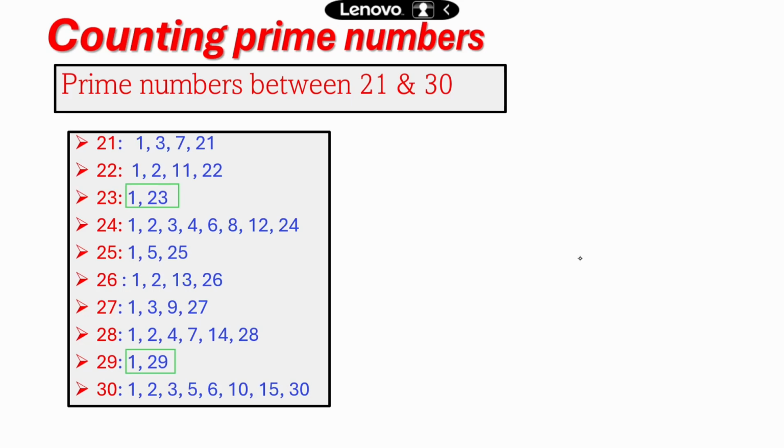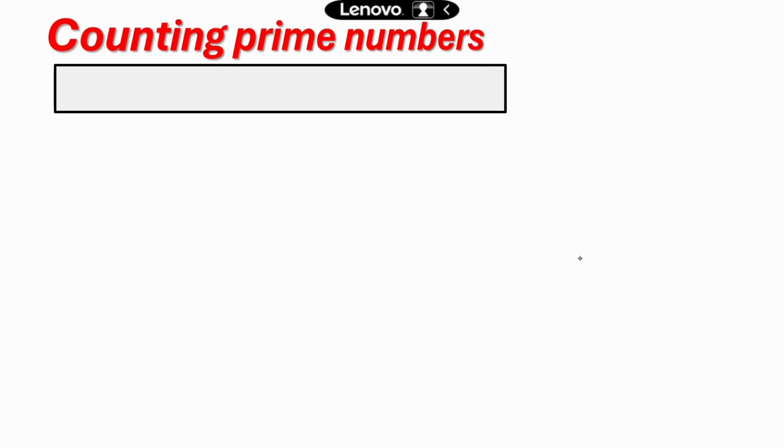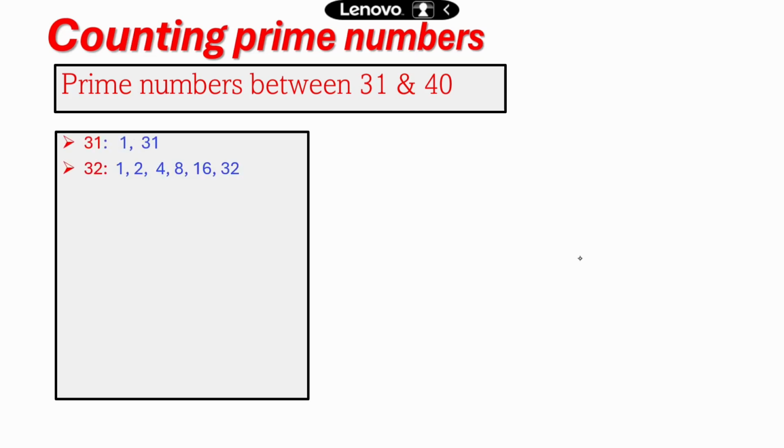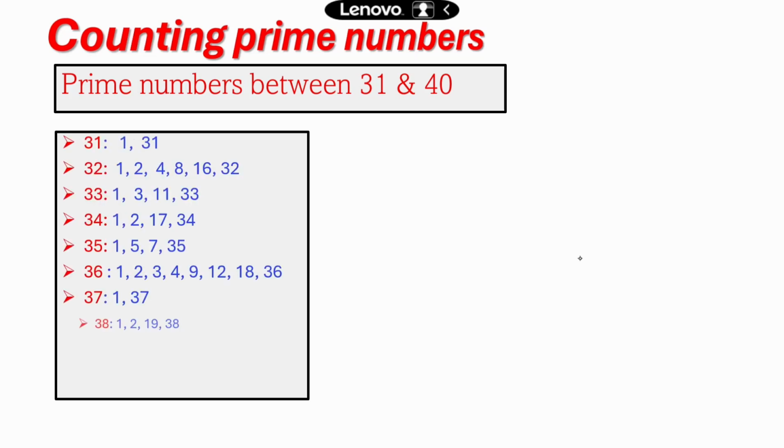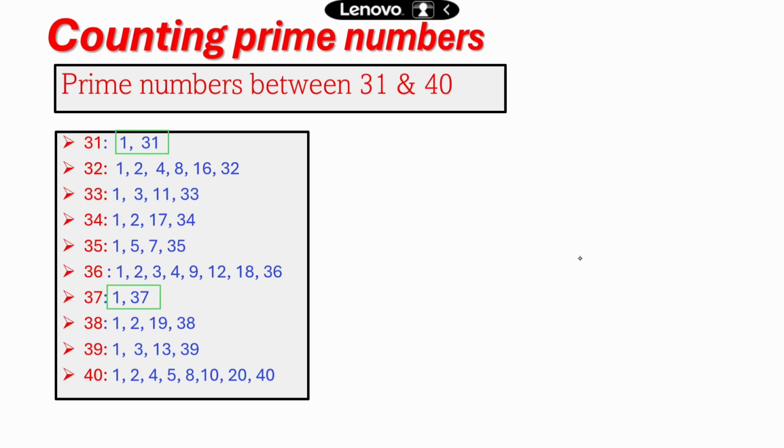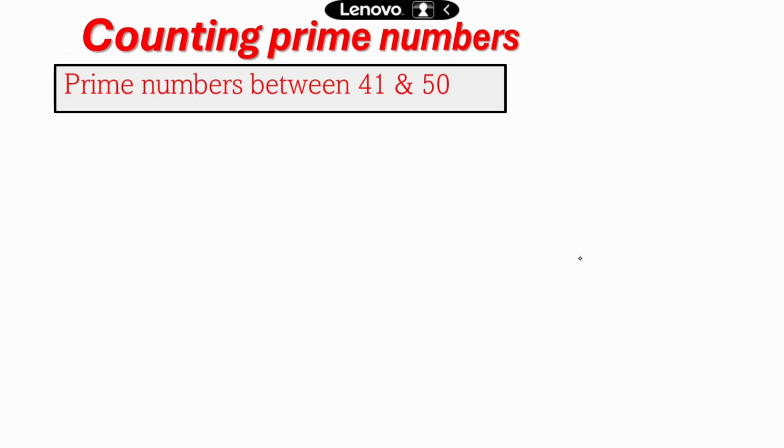So between 21 and 30 we have 2 prime numbers. Then between 31 and 40 we continue with the factors and found that 31 is prime and 37 is prime. So we have 2 prime numbers between 31 and 40.